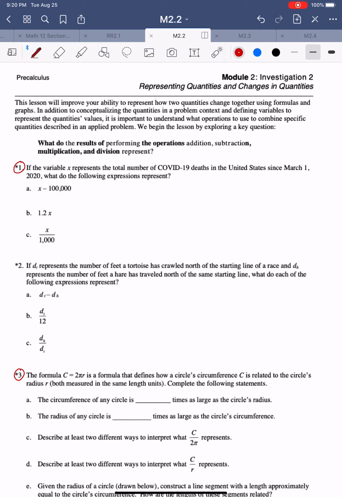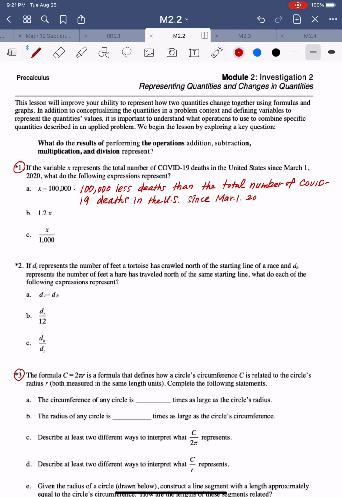When you read this, it means 100,000 fewer deaths, or you can use fewer instead of less, than the total number of COVID-19 deaths in the U.S. since March 1st, 2020.